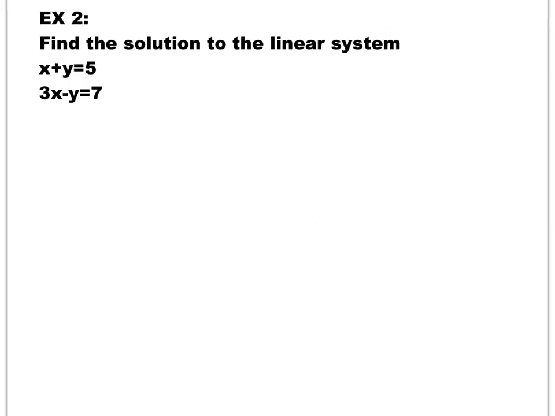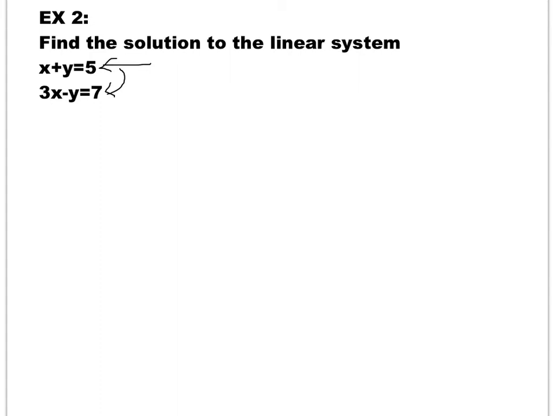The second example is asking us to solve the system of linear equations x plus y is equal to 5 and 3x minus y is equal to 7. So what I'm going to do is find x in the first equation and then put it back in the second equation to find y.